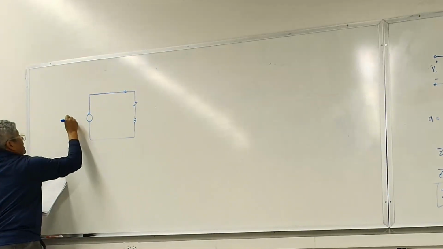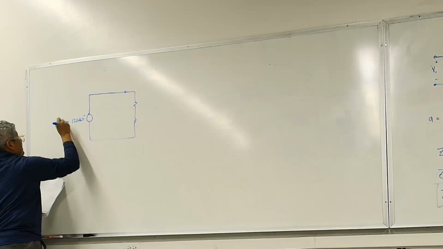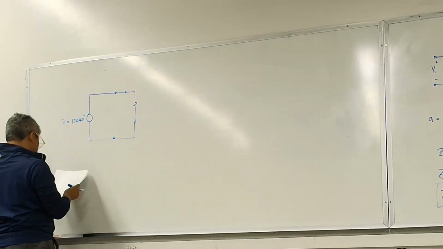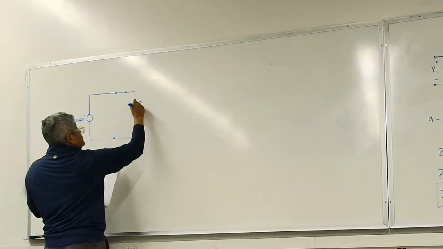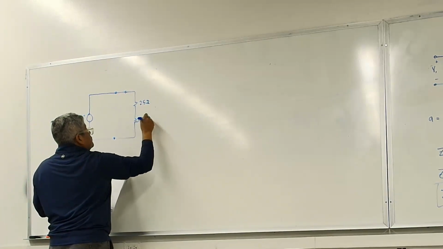And they're saying I have 120 volts angle 0 degrees. That's going to be my V1, my source, and then this is going to be 25 ohms, j100 ohms.